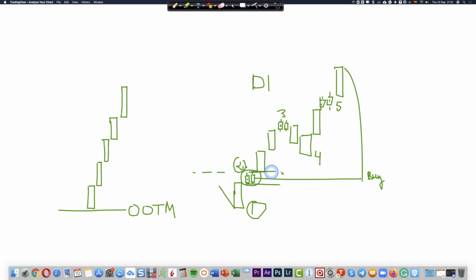Let's say this. Let me draw this in with another color. Imagine this is a weekly area of demand or a monthly area of demand, and we've got a level of demand there on the daily. So it depends.